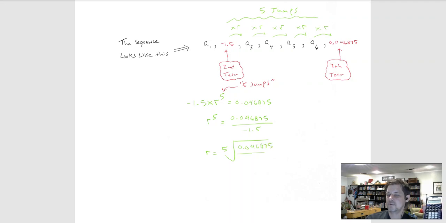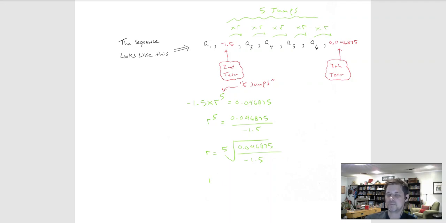Okay, so I got 0.046875 divided by negative 1.5. I'll take the fifth root of that. All right, so here it goes. I should have done this beforehand, but I'm going to have to use my calculator.